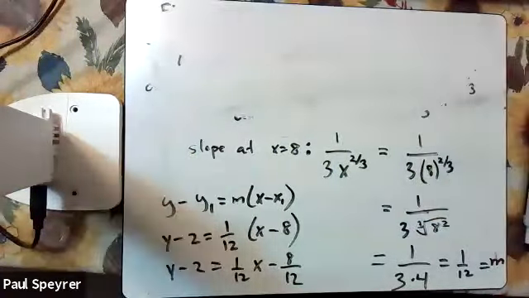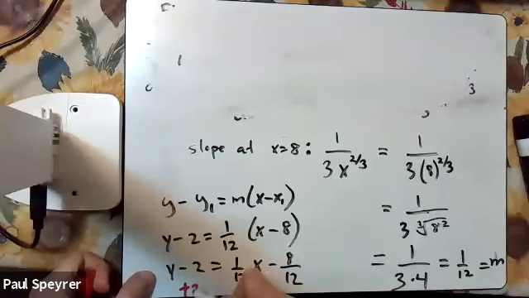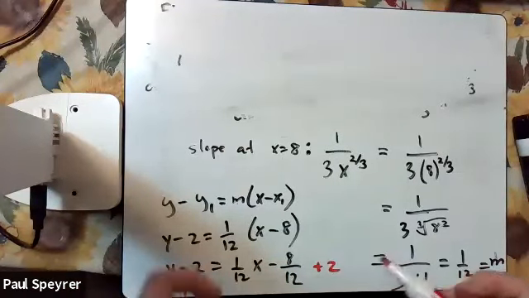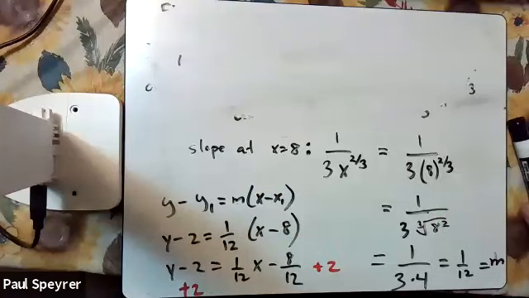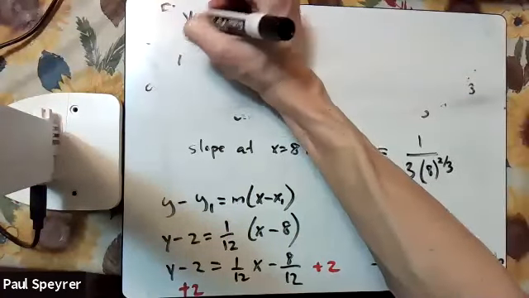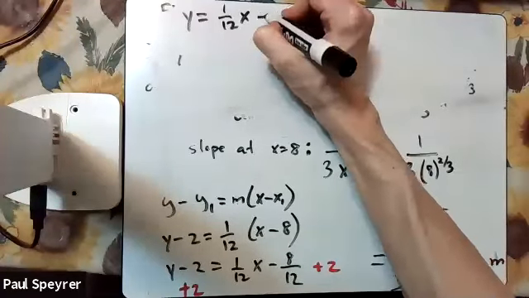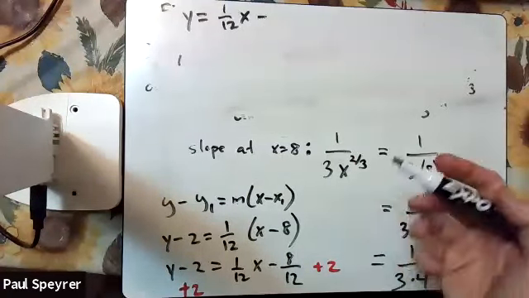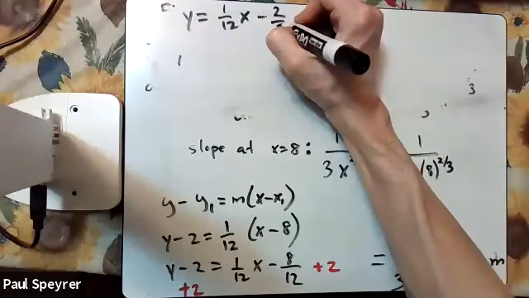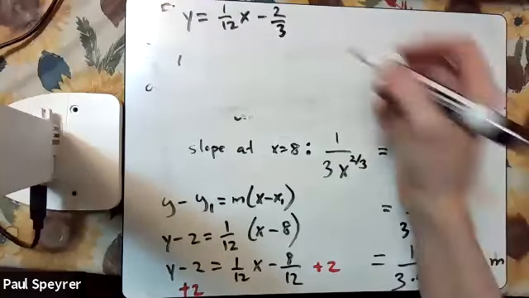So we can add 2 to both sides, right? Do that. Now we have y equals 1/12 x minus 8 over 12 plus 2. What does that reduce to? 2/3, right? Because they're both divisible by 4.